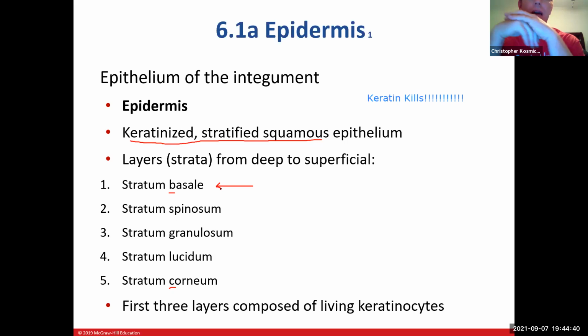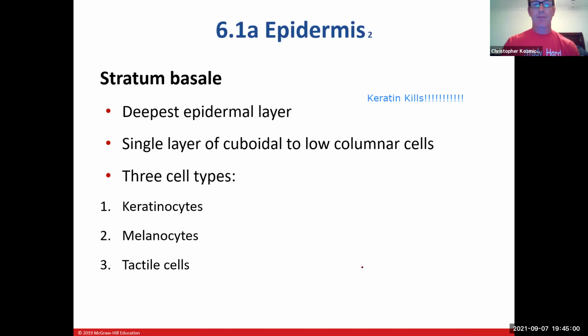Yes, I know that sometimes it's grammatically incorrect, but I'd rather have you spell it and get it right. So when we talk about these first 3 layers here, we're going to be dealing with our living cells, the keratinocytes, all right, but eventually they're going to die off and we'll be left with the dead keratinocytes. So let's start off with the first layer here, and that is going to be the stratum basale.